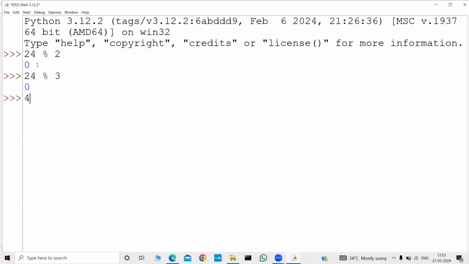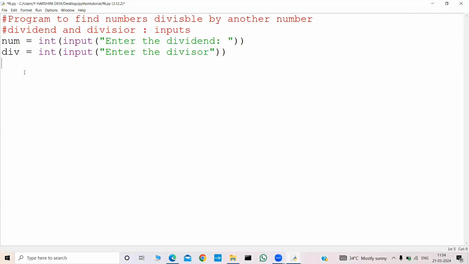And 49 mod 3 is 1, as we did. 50 mod 3, of course, should give me 2. Yes, it gives me 2. And 64 mod 8 is 0, and 63 mod 8 is 7. If you divide the number 63 by 8, then you will get the remainder as 7. In this way, we can find the remainder, right?